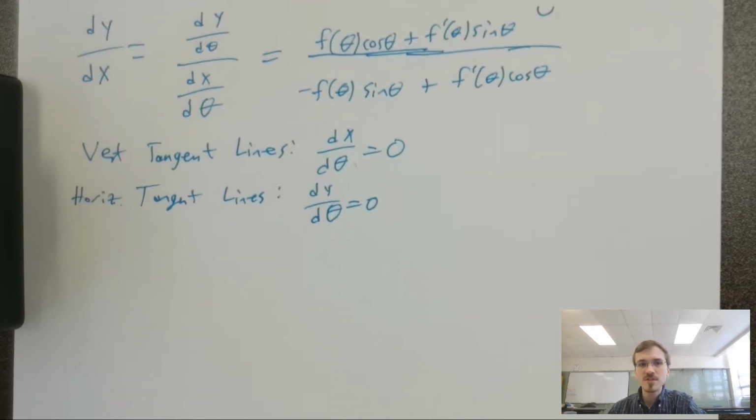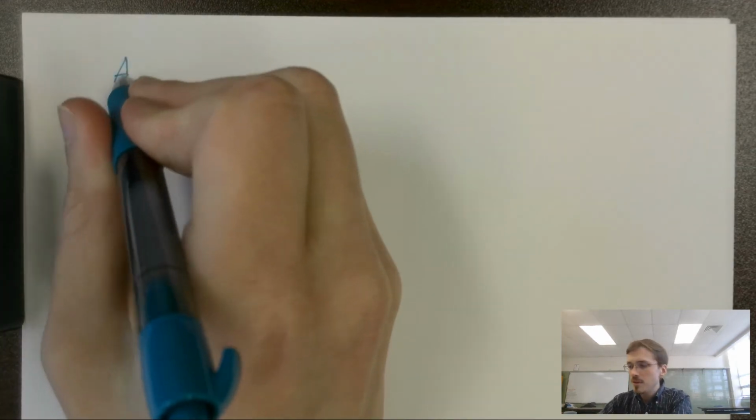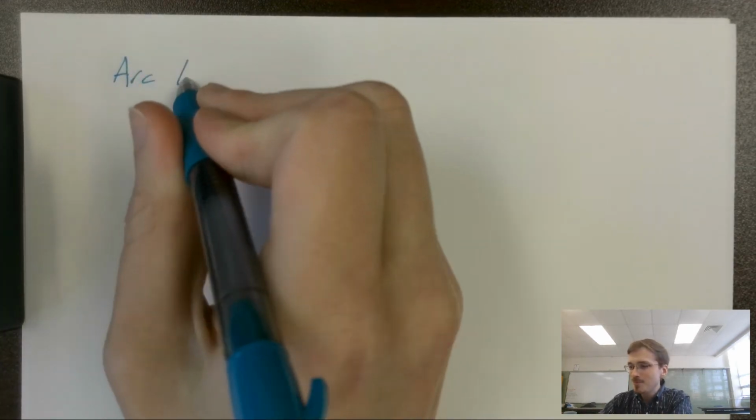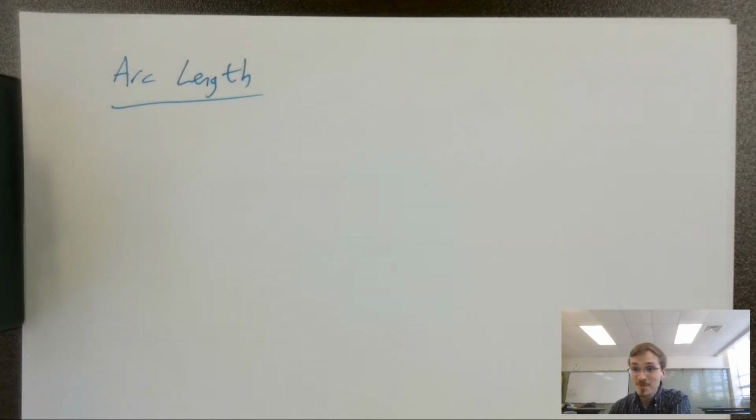All right, so let's do something fun. Maybe I'll flip the paper. Okay. Let's compute arc length of a polar curve. And we're experts on arc length with parametric equations after the last video, right?